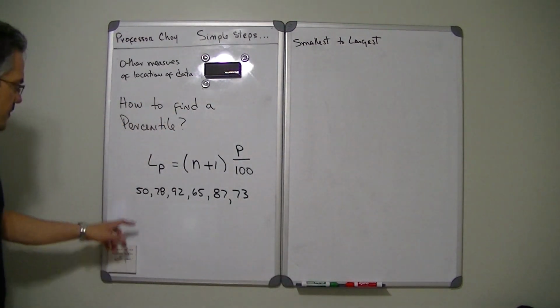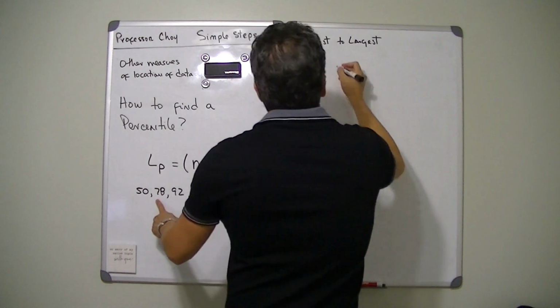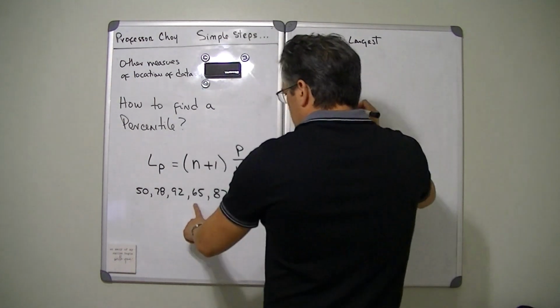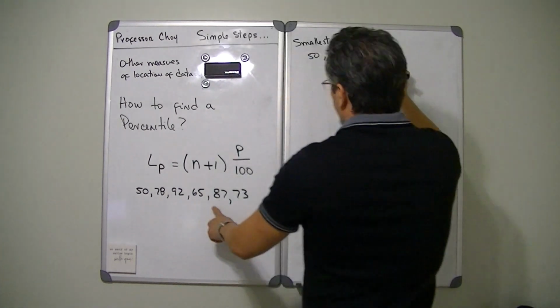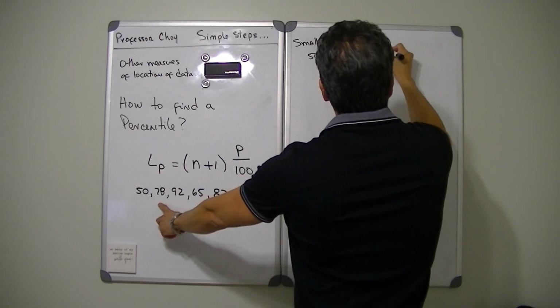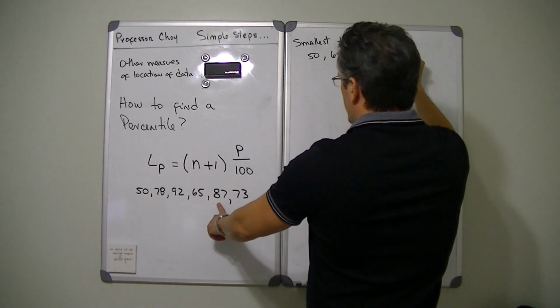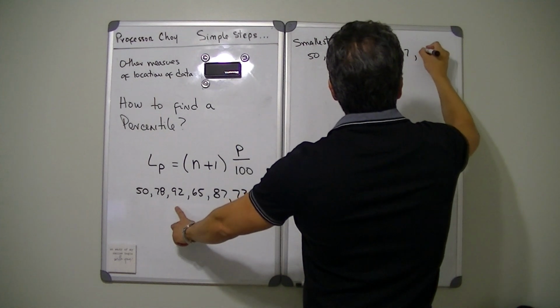The smallest number we got is 50. Then we have 65. Then 73. Then 78. Then 87, and then 92.